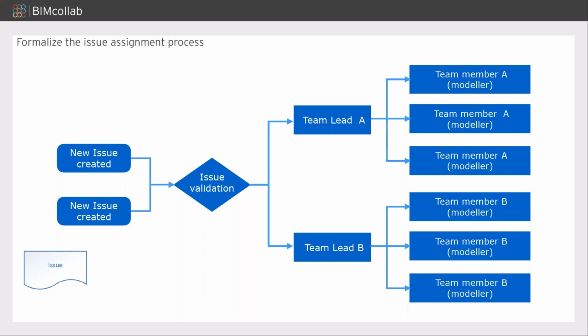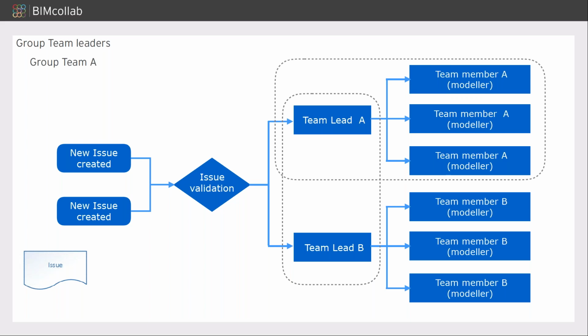So for this purpose, we allow users to create specific user groups on their projects. So in this example, I can create a group for the team leaders, which is the first line where issues can be assigned to. Those team leads are only in that specific group, but they are also in the team group.